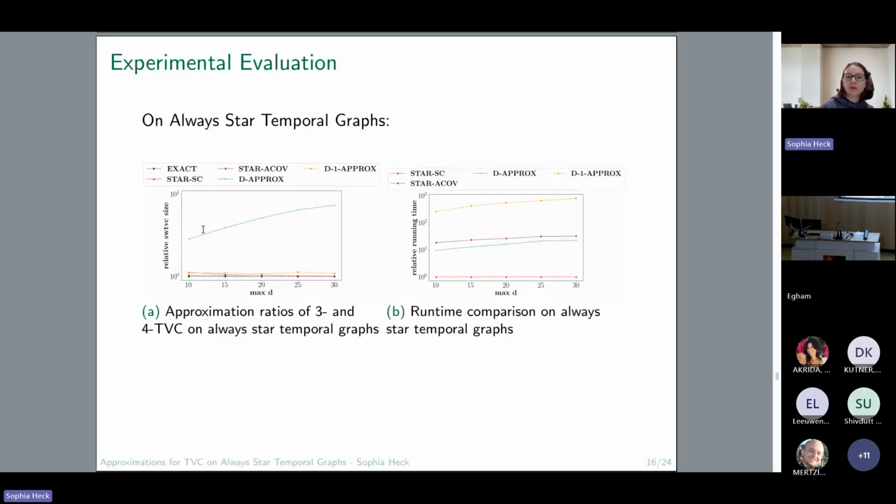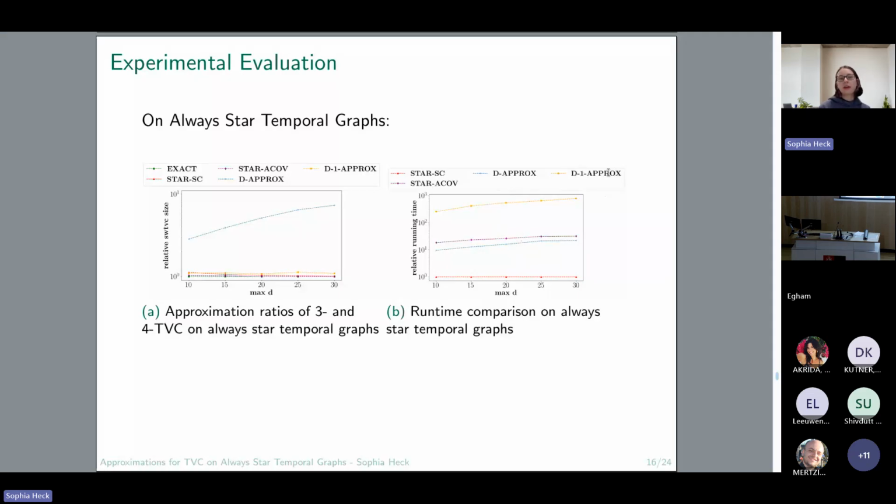In terms of solution size, we just increase the maximal degree, and then can see in terms of relative solution size, all are pretty similar except for the D approximation, which is much worse. And in terms of running time, this is also very straightforward. We have the trivial algorithm to be the fastest, then the D-approx, the all coverage, and then the D-1 approximation.